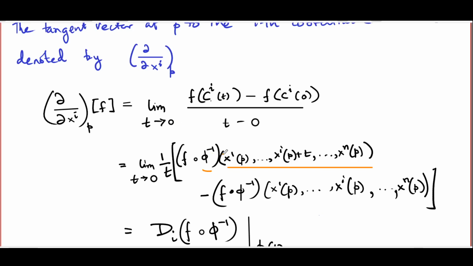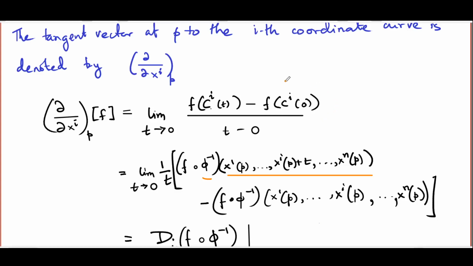It's just the ith coordinate x^i(P) which has been increased by t. So phi inverse of that gives you c_i of t, and you are going to do f of that. So it's basically f composite phi inverse, this composite function which acts on this bunch of coordinates.